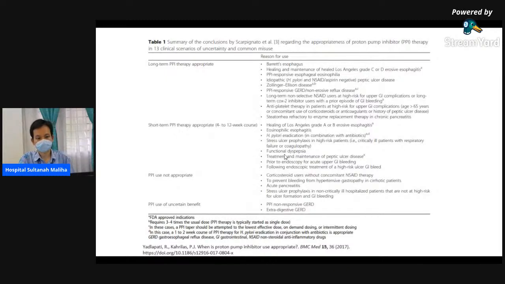So here this table helps to indicate how long PPI therapy is considered appropriate.